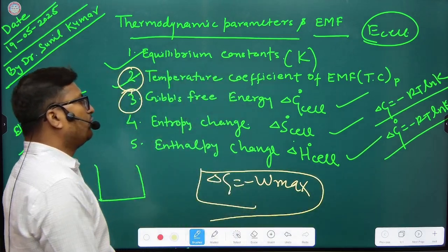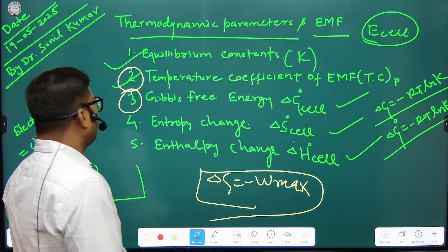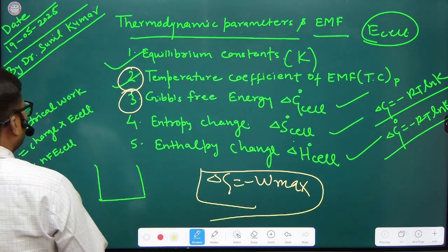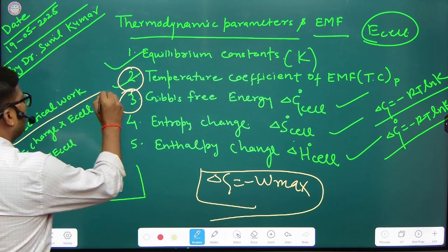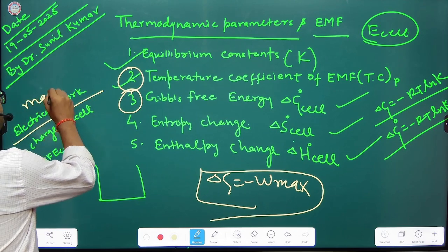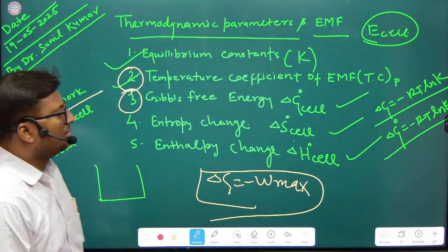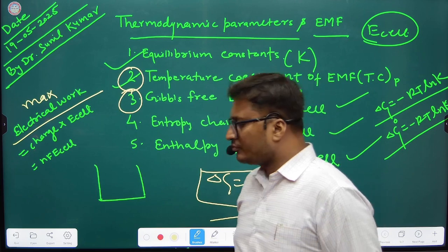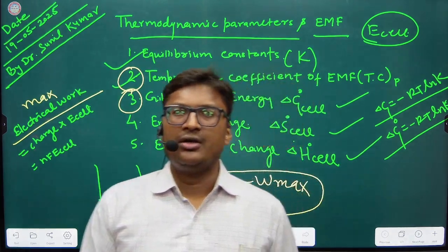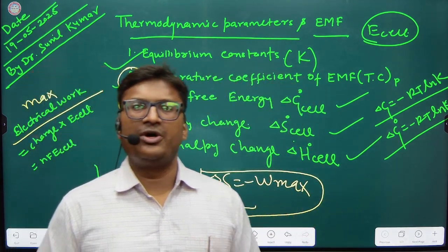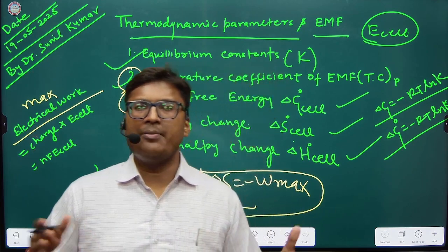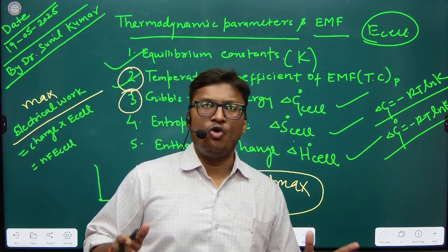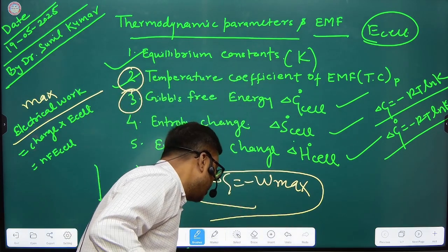What is W max? This is the maximum electrical work. It is actually the product of the number of electrons transferred in a half cell reaction or an overall cell reaction.